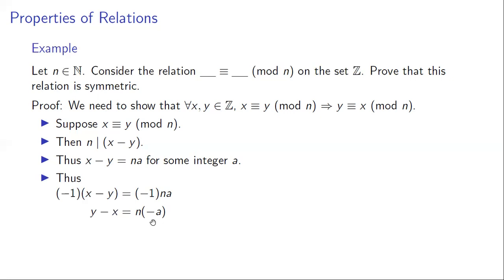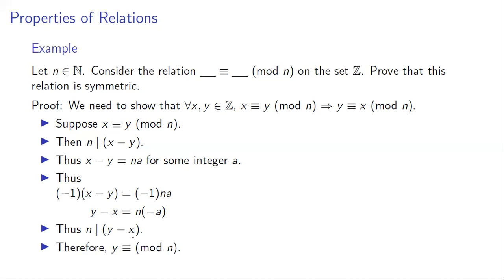So what do I have now? I see that y minus x equals n times an integer. Negative a is an integer because I know a is an integer, so negative a is also an integer. So again, y minus x is equal to n times some integer. Thus, based on the definition of divisibility, n divides y minus x.